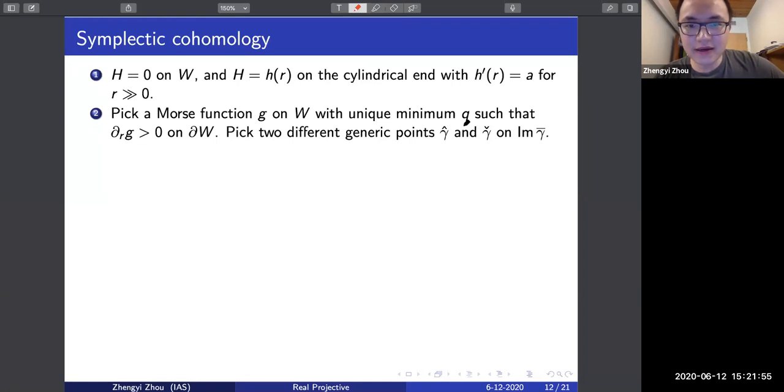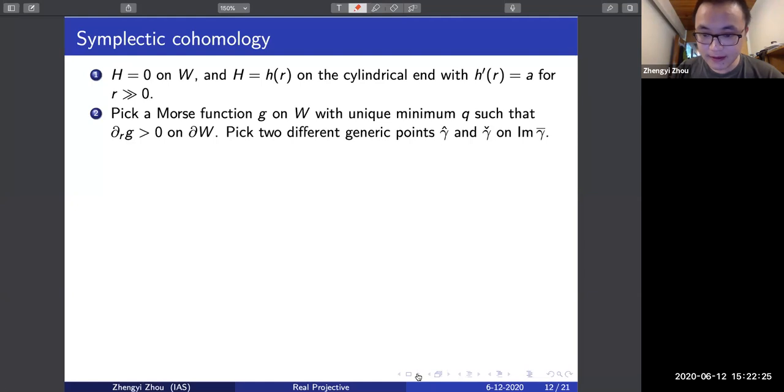And then we pick two generic points, gamma hat and gamma check, on the image of gamma bar. So this gamma bar here is the Hamiltonian orbit corresponding to the Reeb orbit gamma. Because I'm choosing the autonomous Hamiltonian, this non-constant Hamiltonian orbit will come in an S1 family, and it corresponds to the Reeb orbit.